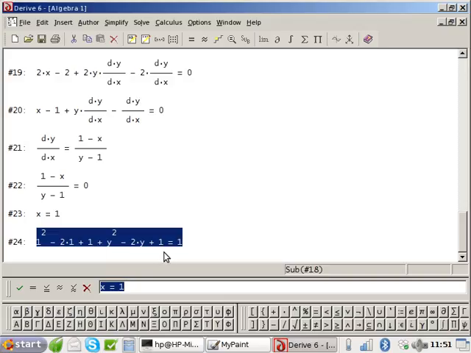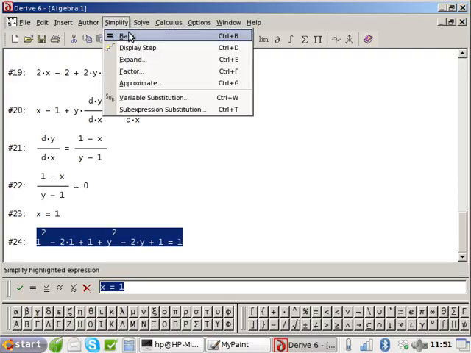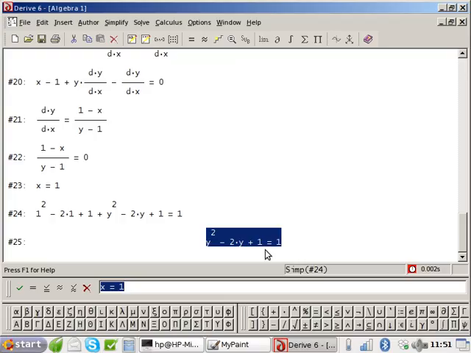It's the same one except x is 1. 1 squared minus 2 plus 1 plus y squared minus 2y plus 1 equals 1. What type of equation is this? It's a quadratic. Although I don't like the 1 on the right there, so if I take the 1 over, that's better. So that's my quadratic I want to solve.